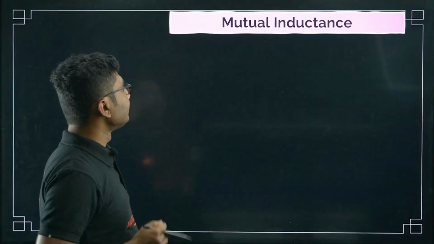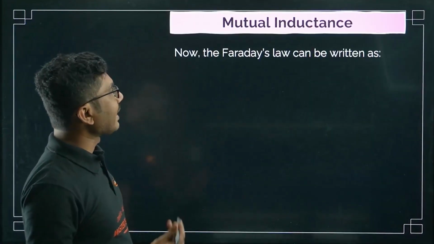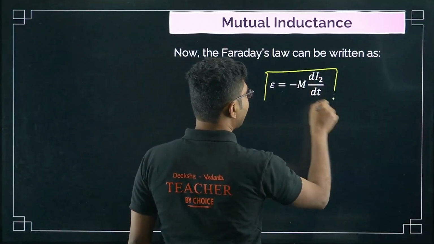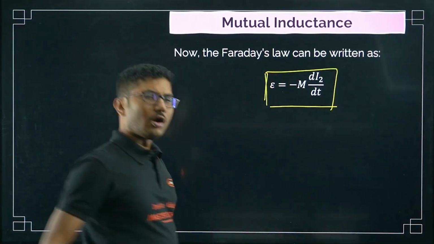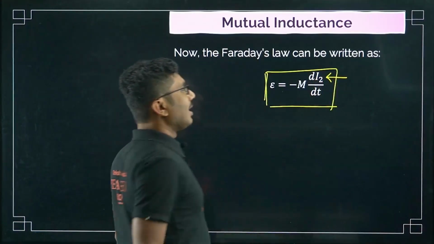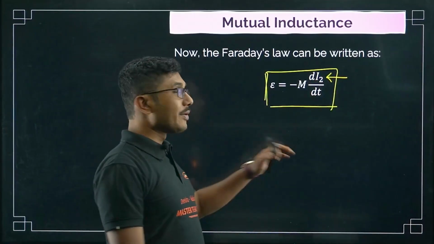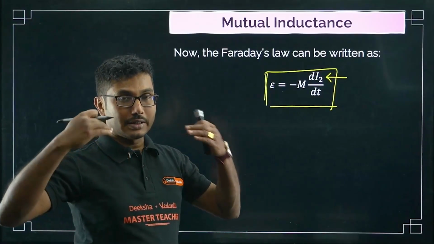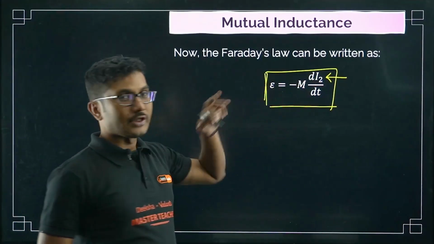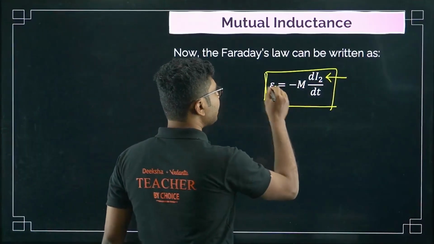Okay, now Faraday's law can be written as epsilon is equal to minus M di2 by dt or di1 by dt, whoever is the primary current. That is the current that you are changing, the primary source, and this is the induced EMF in which circuit?